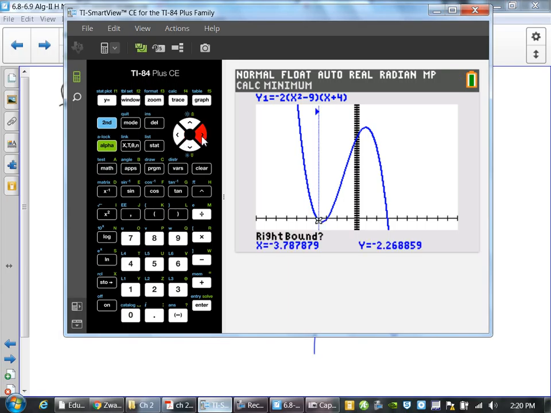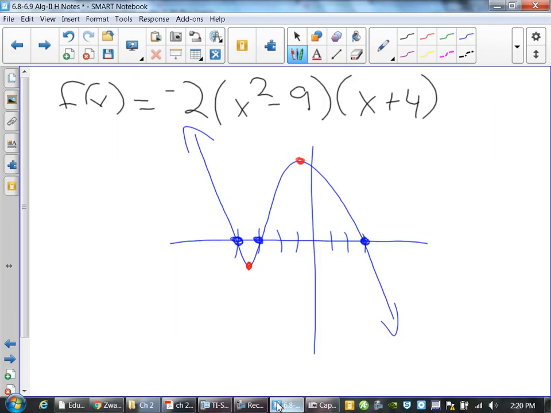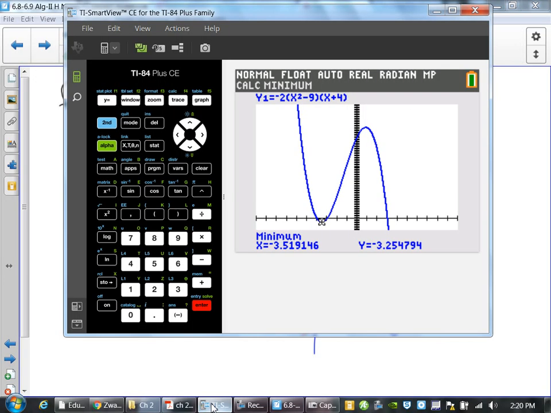Hit enter, move to the right of it. The closer your variance is, the better calculation you're going to get. I have a minimum at negative 3.52 and negative 3.25. There's my minimum. Always round to 2 decimal places, please.